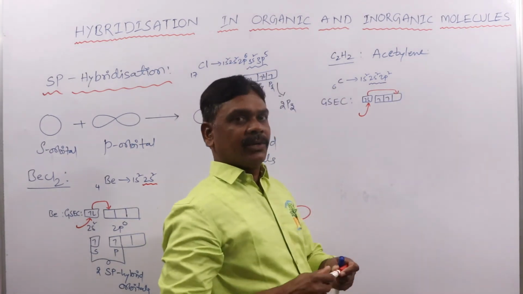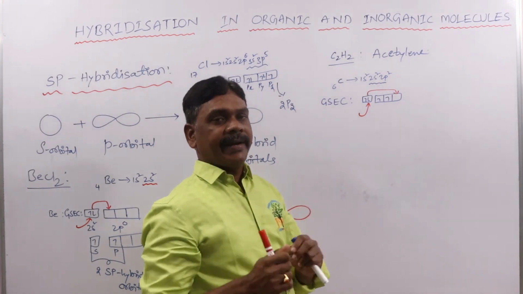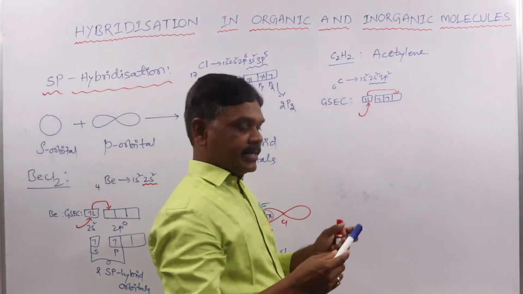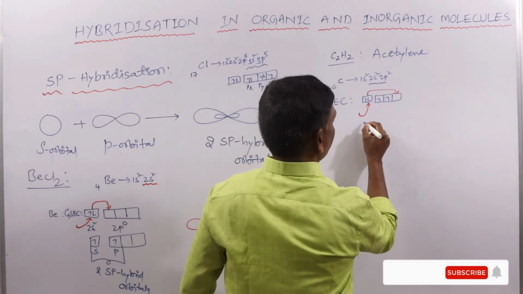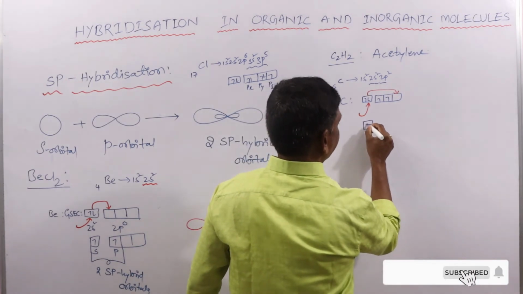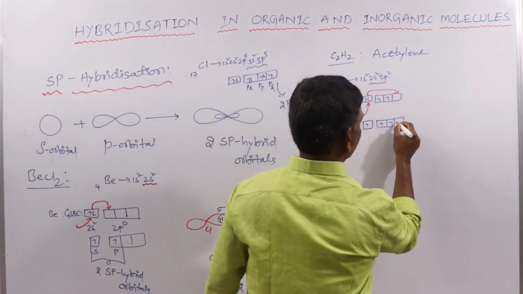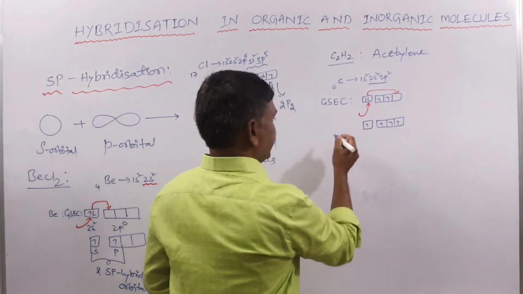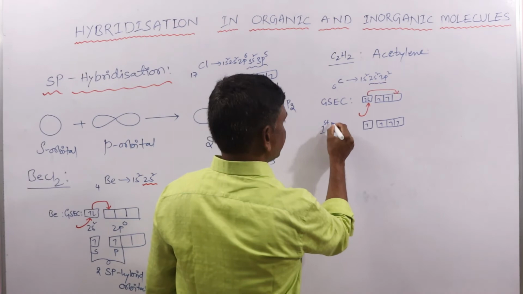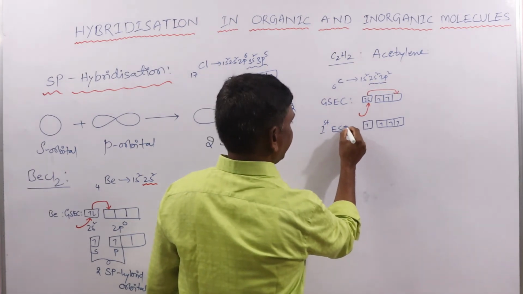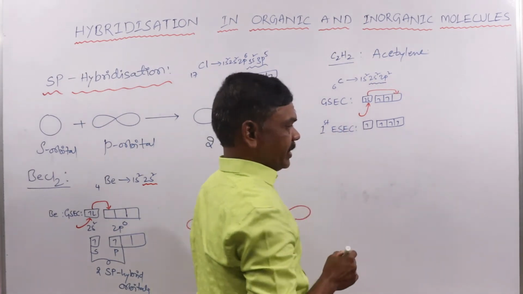This process is known as excitation. In the excited state, this is known as the first excited state electronic configuration of carbon.